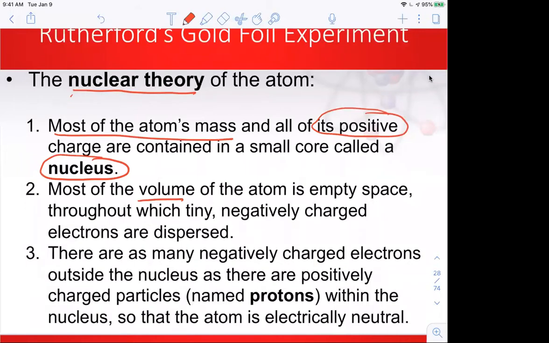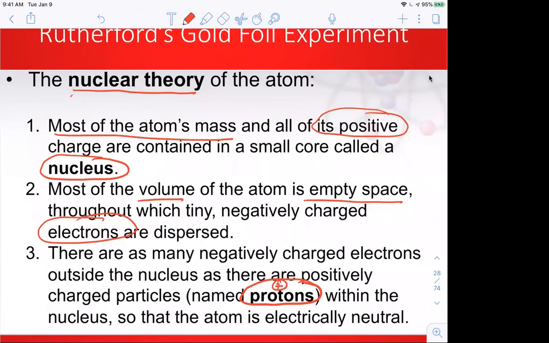Most of the volume of the atom is empty space, and this is where my electrons are dispersed. There are as many negatively charged electrons outside the nucleus as there are positively charged protons inside the nucleus, so that the atom is electrically neutral.